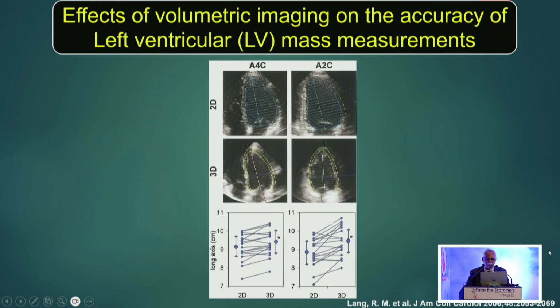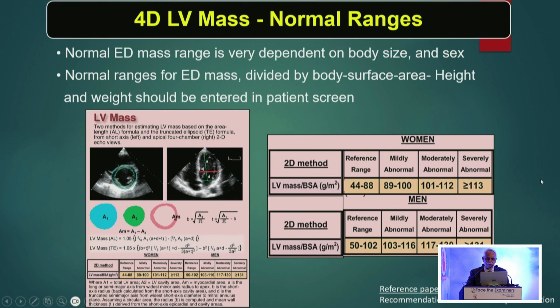This mass has been correlated with the muscle mass obtained by MRI. The gold standard is the MRI, and both methods have been compared with the MRI data, with excellent correlation between the two.